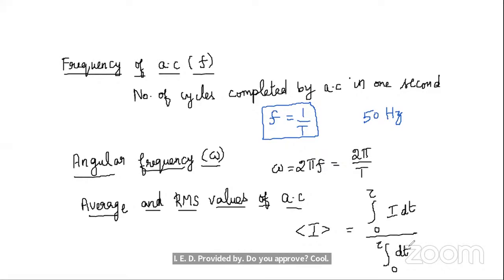Here, what is integral 0 to tau I dt? That we need to define now. This is nothing but the charge flowing through the AC circuit.